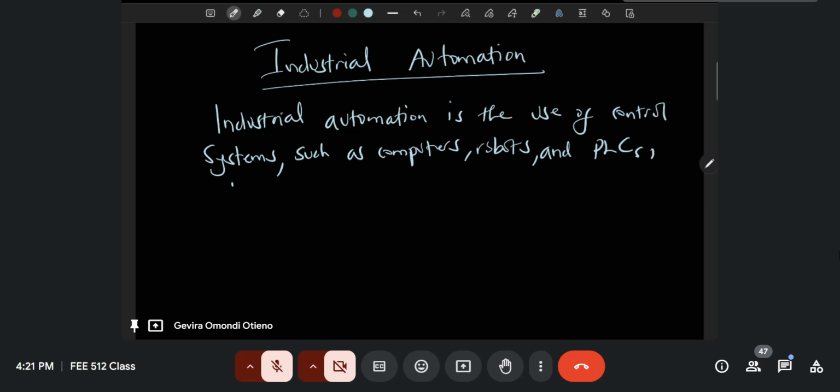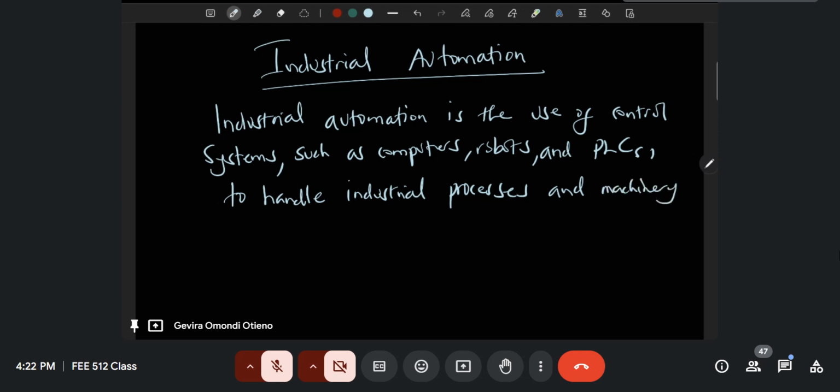And we use them to handle, and this is very important, industrial processes, and sometimes machinery, because sometimes you want to handle or operate machinery, but with minimal human intervention.